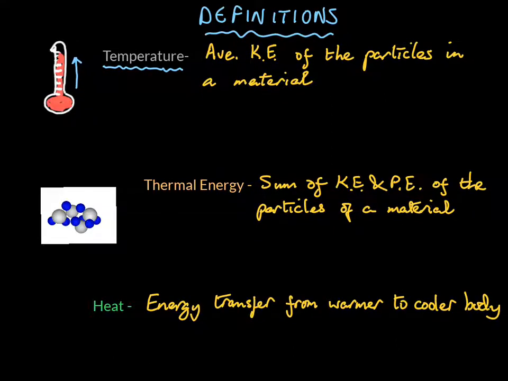So a thermometer is a good representation of that. Temperature is the average kinetic energy of the particles. Thermal energy, however, is the sum of kinetic energy and potential energy of the particles in a material. So the more kinetic energy there is, and the more potential energy that's stored in these bonds, the more thermal energy of a material.